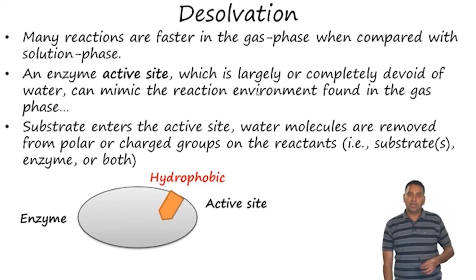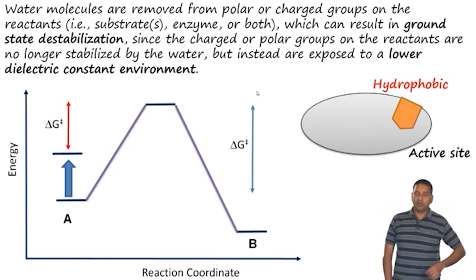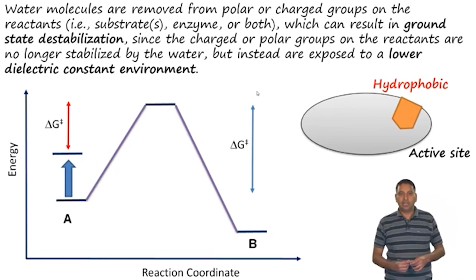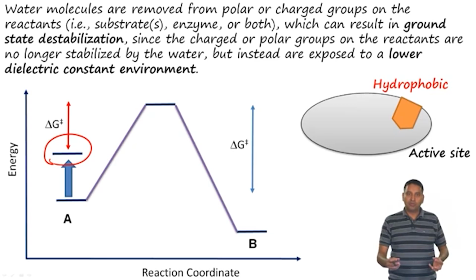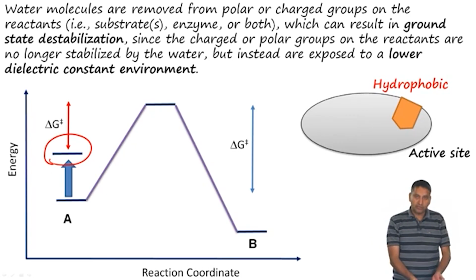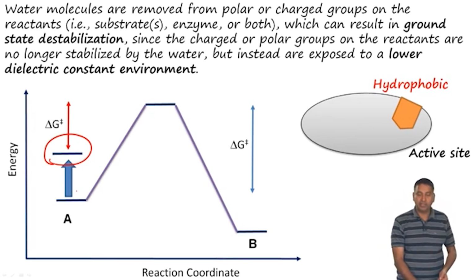But conceptually, what essentially happens is that once the molecules are getting in, if the molecules are polar or charged, when water molecules are removed from these polar or charged groups that are getting into the active site, there is an increase in the ground state energy.